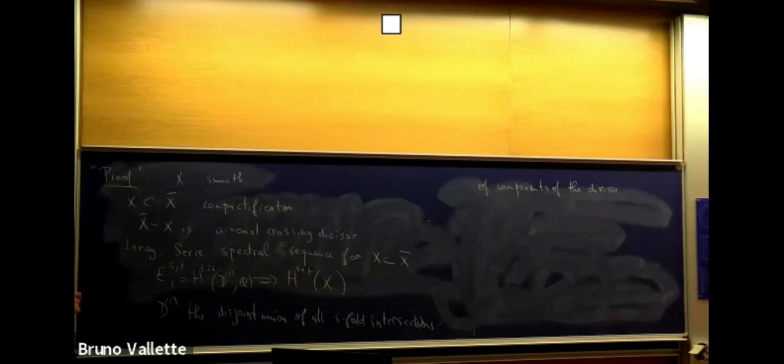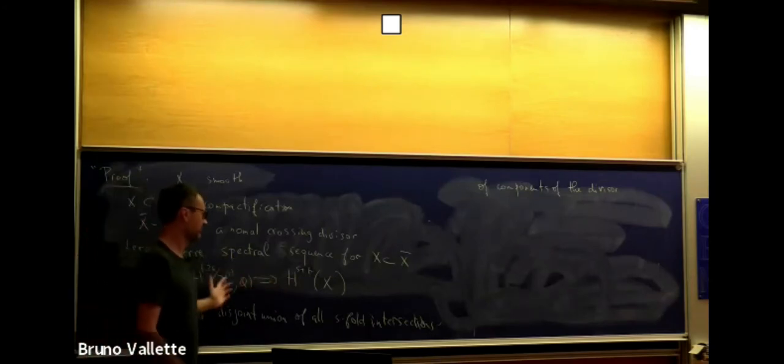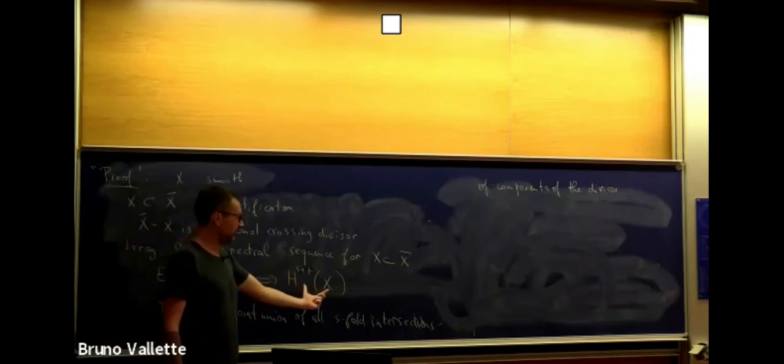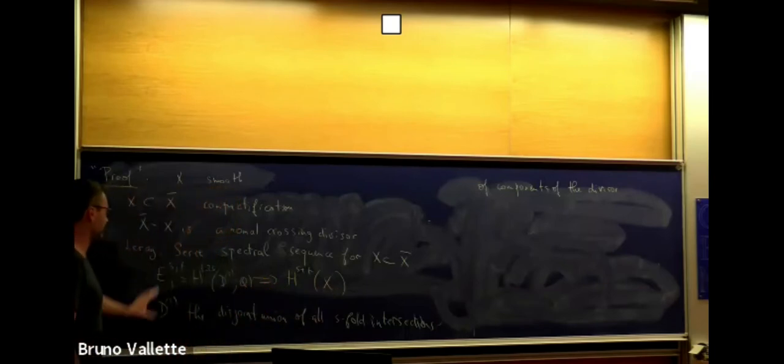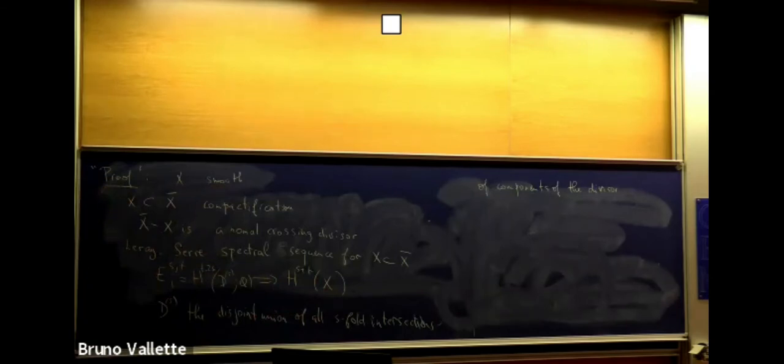So my spectral sequence looks like this. And of course, these are cohomologies of smooth and proper varieties. For any spectral sequence, you get a filtration on the target whose associated graded is the infinity page of your spectral sequence.